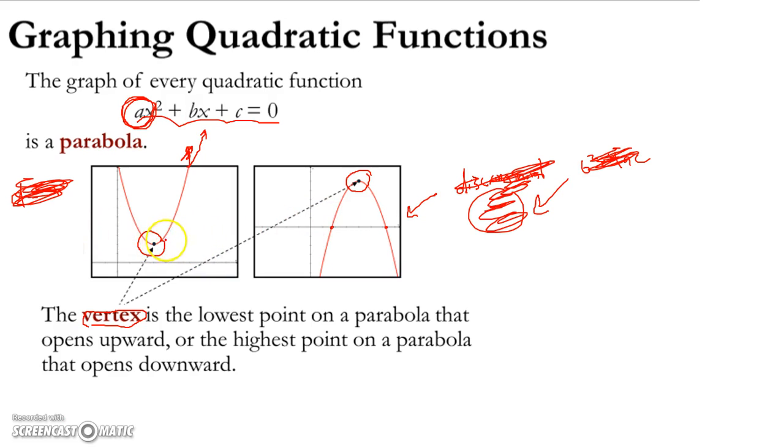So in this case, this has no x-intercepts, right? This means the discriminant would be a negative number on this one, and this one has 2 x-intercepts, so this one would have a discriminant equals positive. Sorry for confusing you. Okay.